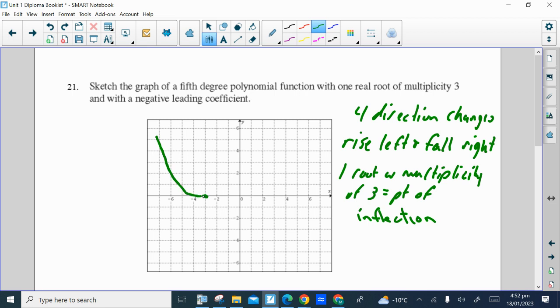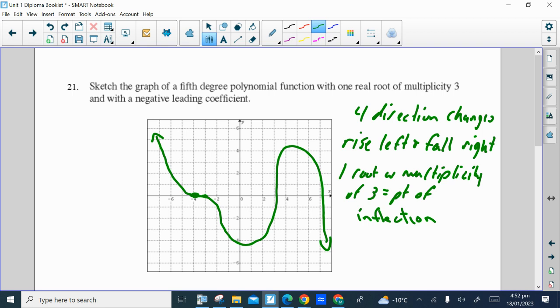So it has to rise left and fall right. So there's just one example of what it could look like. There's our point of inflection at -4. That shows a multiplicity of 3. The point of inflection actually counts as 2 direction changes.